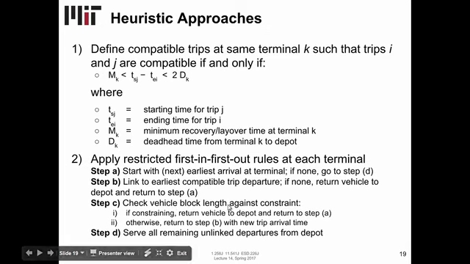If there is one trip that is compatible with the trip that arrives, then we will check the vehicle block length against the existing constraint. Again, that could actually be related to the fuel and fueling constraint and so on and so forth. If it's constraining, then we need to cancel that and return the vehicle to the depot.